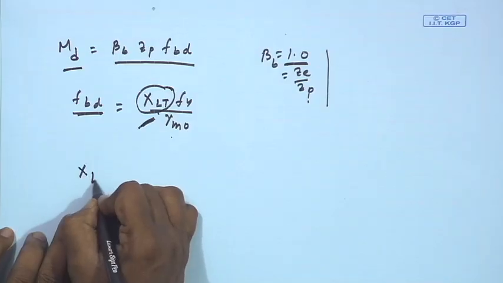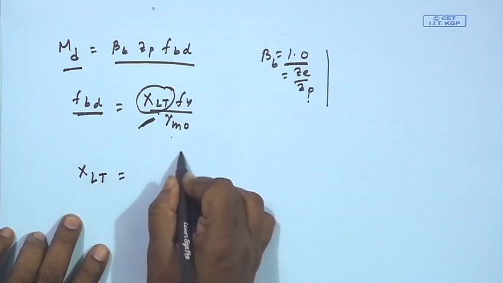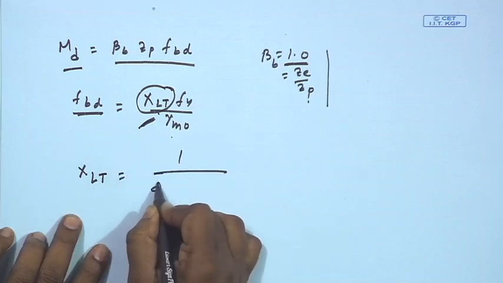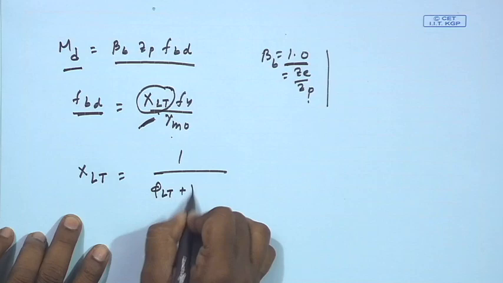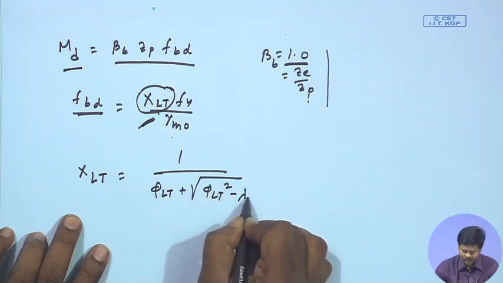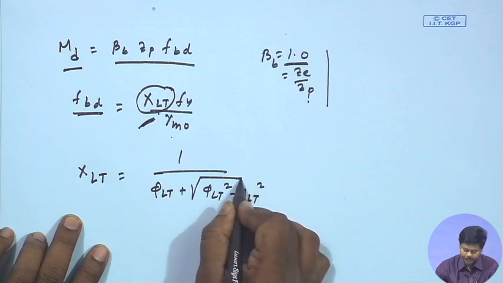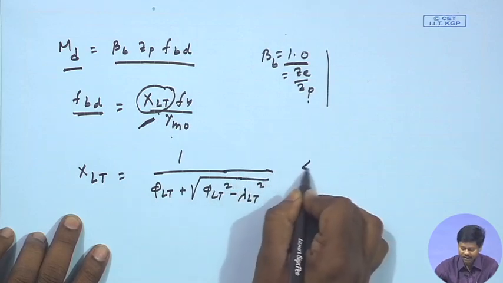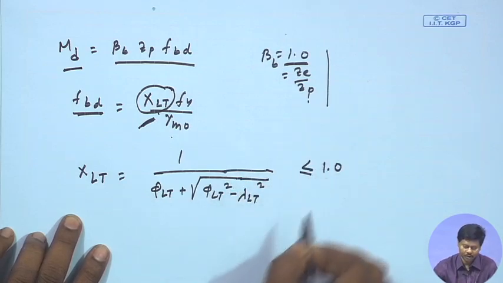This has been calculated as 1 by phi LT plus root over phi LT square minus lambda LT square, and in any case it should be less than or equal to 1.